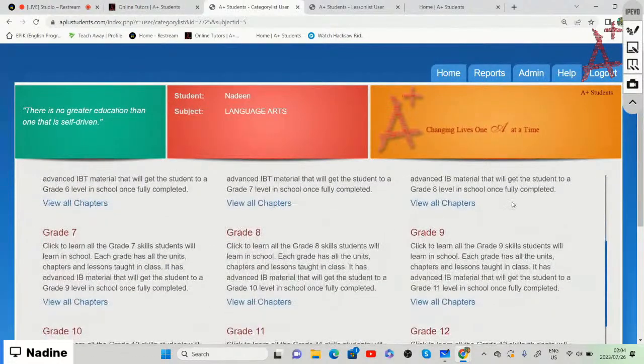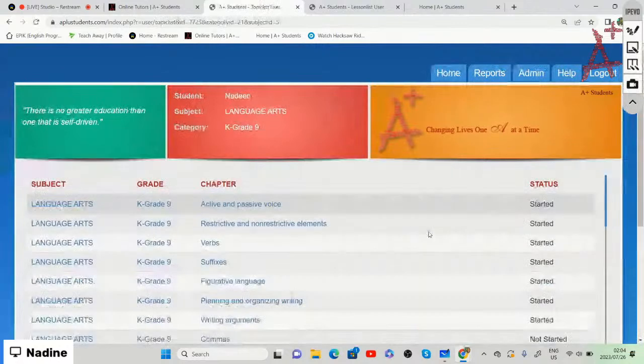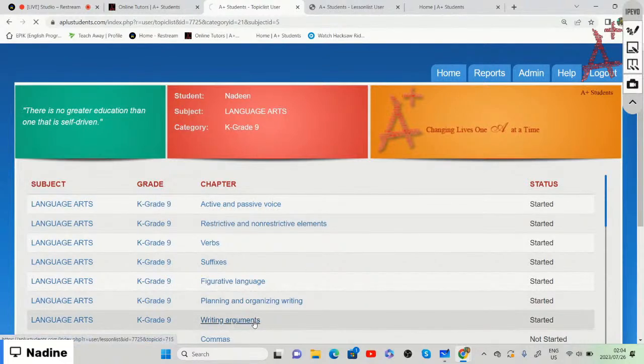Like I say, we are going to focus on the chapter of writing arguments under the grade 9 lesson. However, it is beneficial for all high school students. So the chapter that we are focusing on under the grade 9 category is writing arguments.